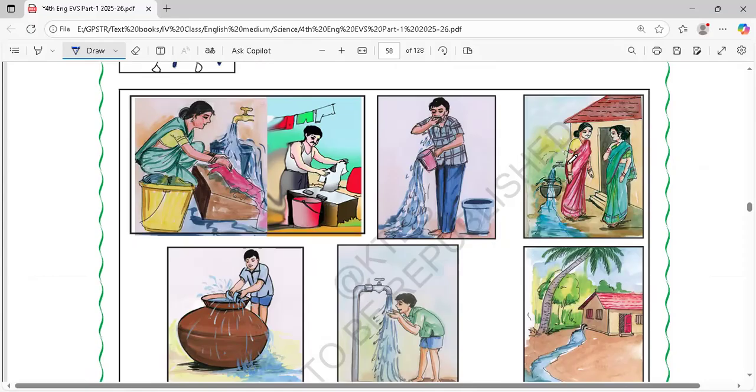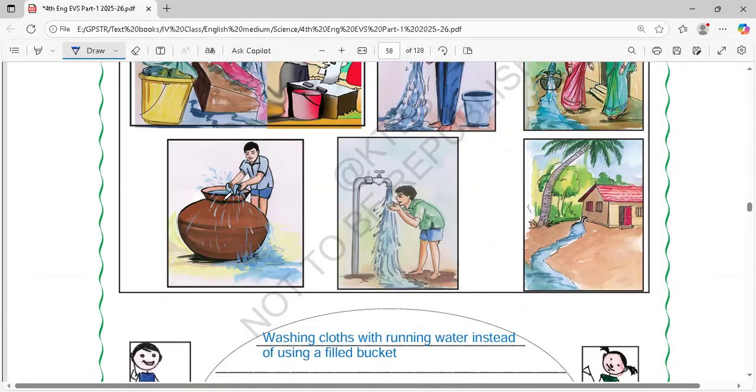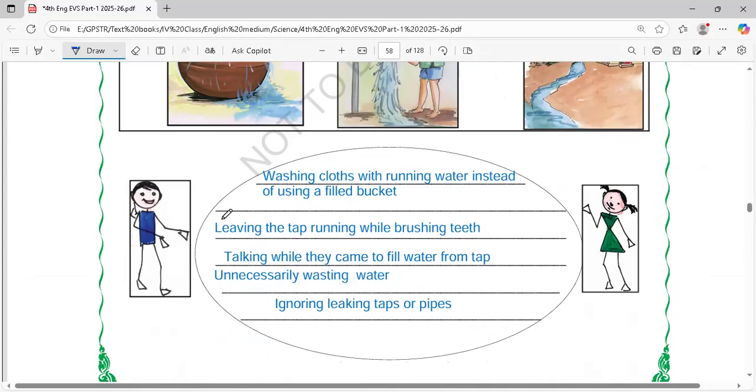Here they are talking. Water is wasting here. Here also water wasting. Instead of using a mug, he is drinking with his hands. Therefore, here also water wasting. They forgot to close the tap. Therefore, here also water wasting.